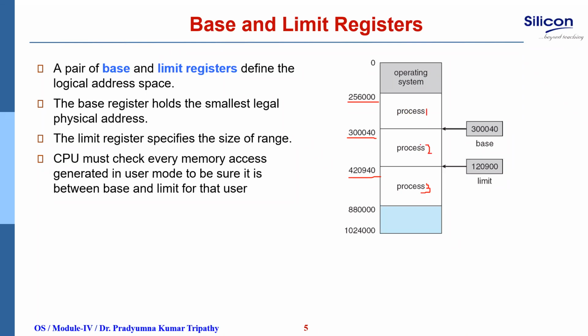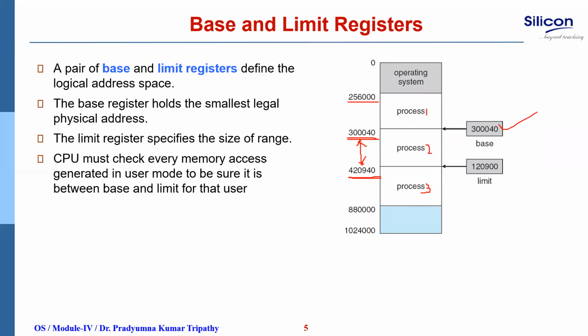Process 2 starts from this address to this address. So this is the range of addresses given to process 2, starting from 300040. This starting address is stored in a register called the base register.